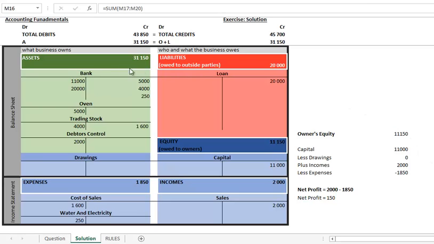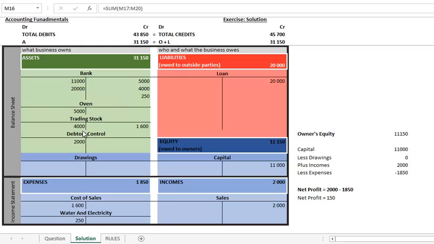Just a quick recap. You remember that we started off with a contribution of 11,000 Rand, and then we got some more money, but we also got an increased liability, so my equity stayed at 11,000 Rand. Then the 5,000 Rand that we gave out was moved to an oven that we got. Then we gave out another 4,000 Rand for trading stock. So again, nothing changed in my equity.